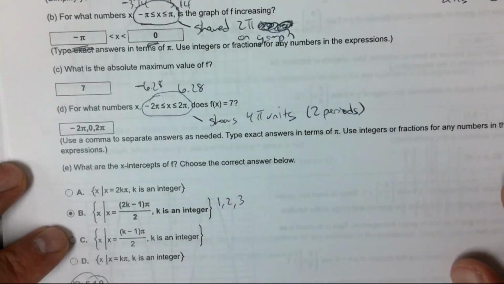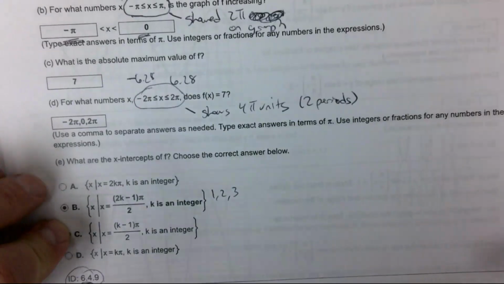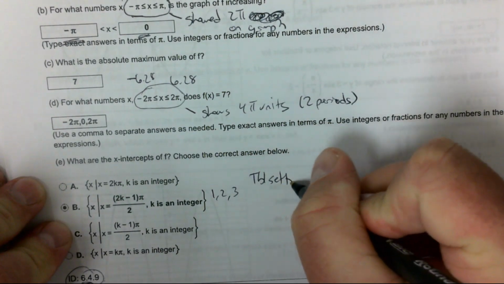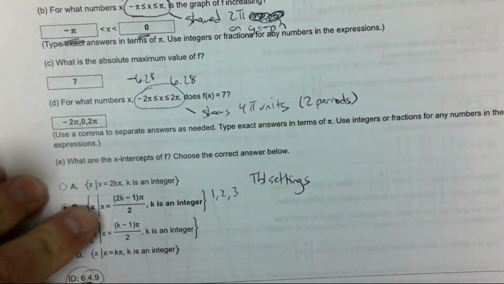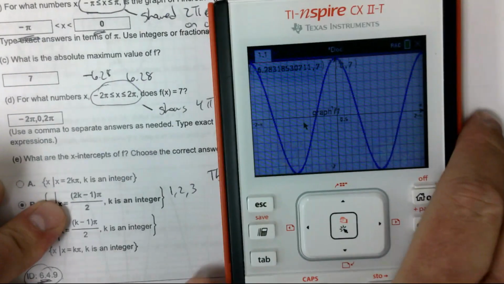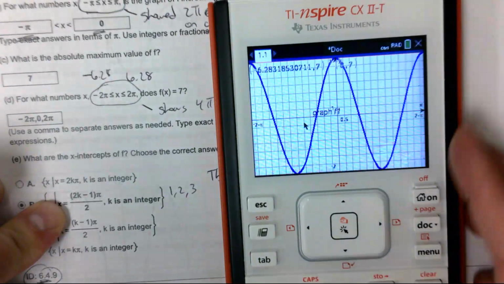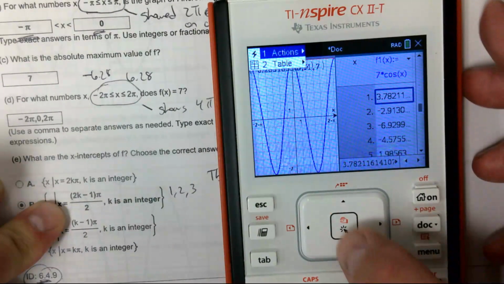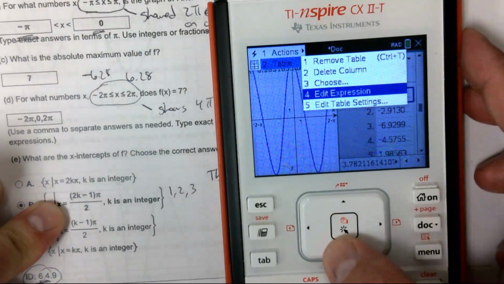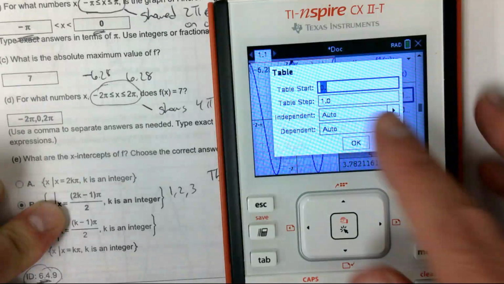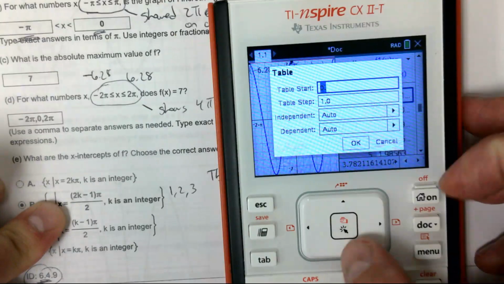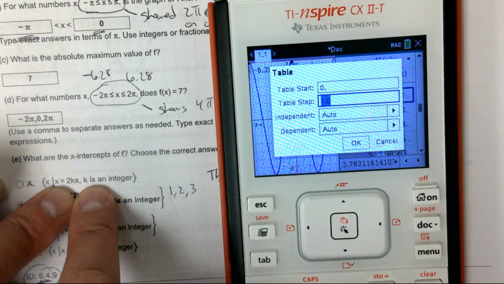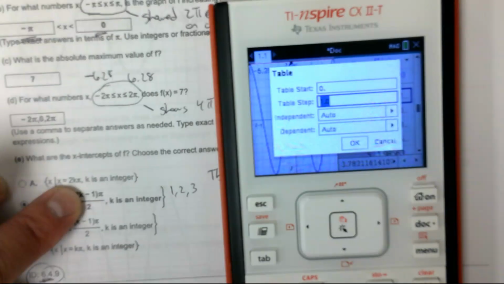And so if you put this in your table, go to Menu, Table, Settings, start your table at 0, and then step by 2 times 1 times pi. So that's stepping by 2 pi.